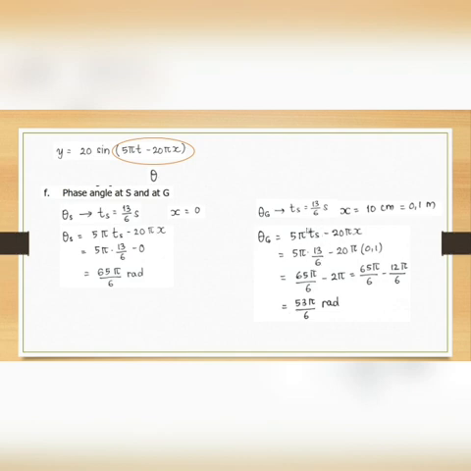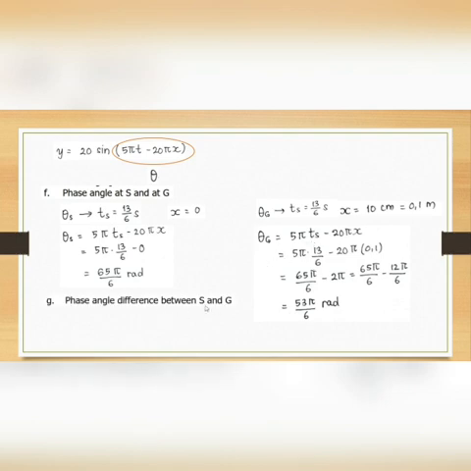Remember that this is always the t of the source of oscillation. Although we want to find theta G, t here must be the time the source of oscillation has oscillated. Not tG, but always Ts, because we have derived the equation, so we only use Ts here.